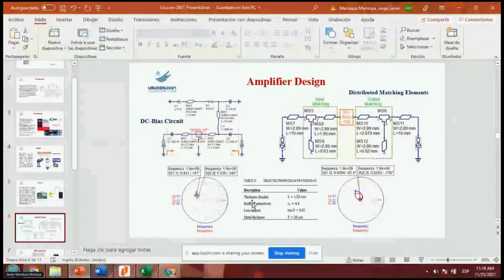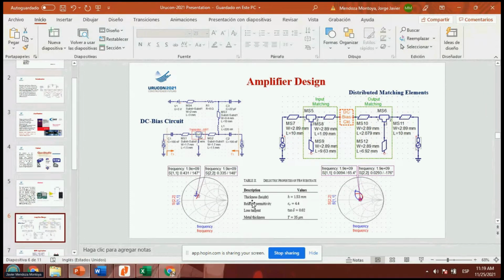On the right side, we can see the full design of this microwave amplifier, and below the Smith chart picture, which gives us the correct matching network.